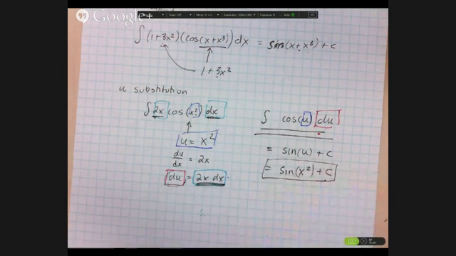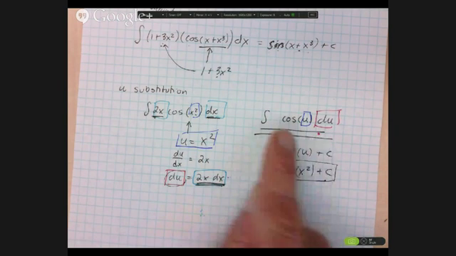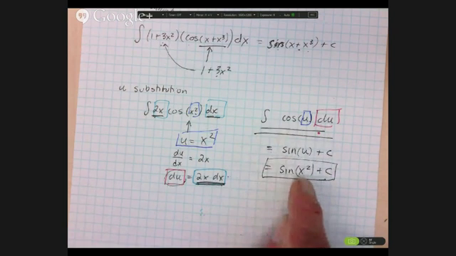When you calculate the integral, it goes bye-bye. Plus C again. Once you have cosine u du, you take the integral. The integral of cosine u is sine u, and then plug x squared back in for u.